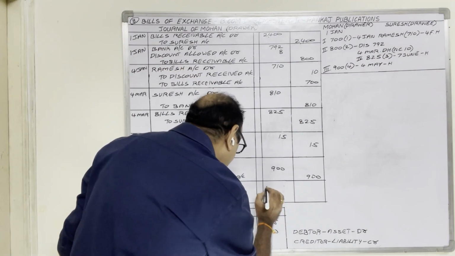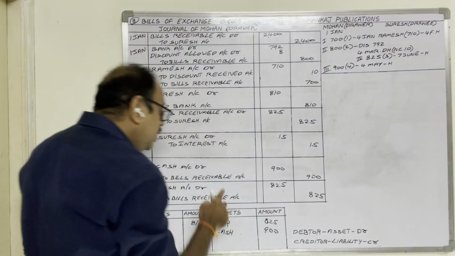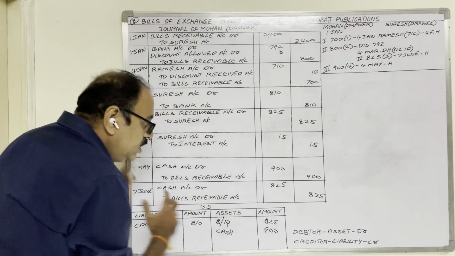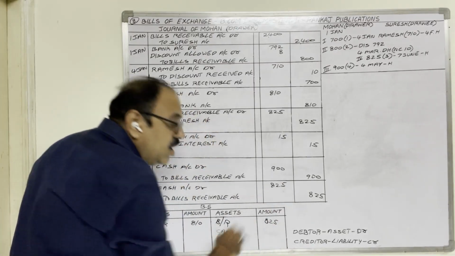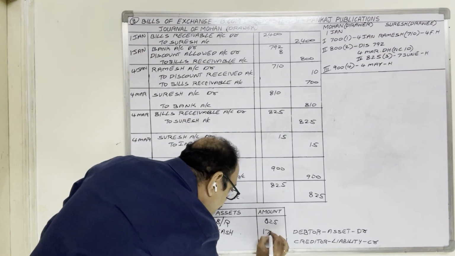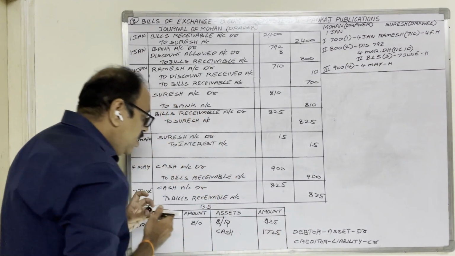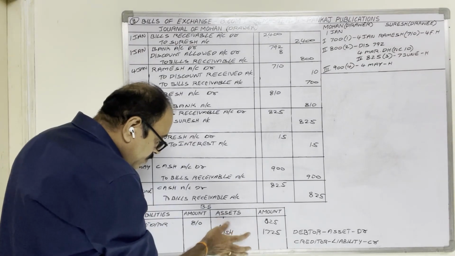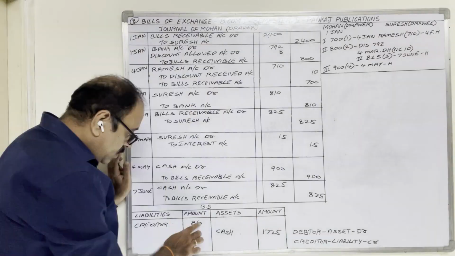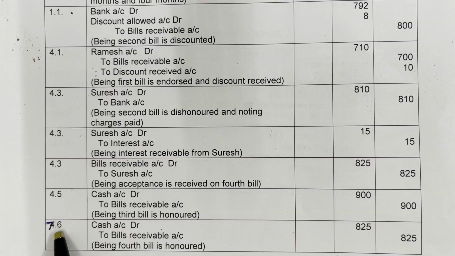Fourth bill amount 825 rupees. So what is the effect on balance sheet? Now cash increases by 825 rupees. 900 plus 825. Now cash balance is 1725. And the bill will get cancelled now because bill amount only we are receiving. Creditor already cancelled. 7th June, cash account debtor to bills receivable account 825 rupees. Narration, being fourth bill is honored.